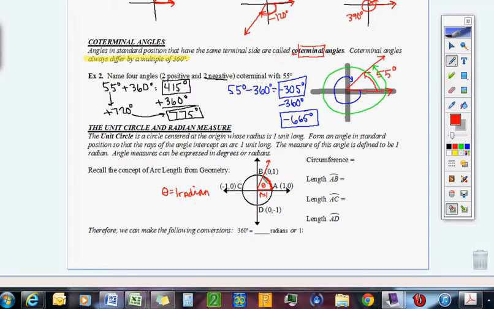Okay, now let's take another look at this unit circle. In geometry, you learn about the circumference of a circle. You learn that the circumference of a circle is 2 pi r, or pi d. The radius of my circle is 1, so let's go ahead and pop that in here. 2 times pi times 1. And I can see that the circumference, if I were to walk around this entire unit circle, would be 2 pi.